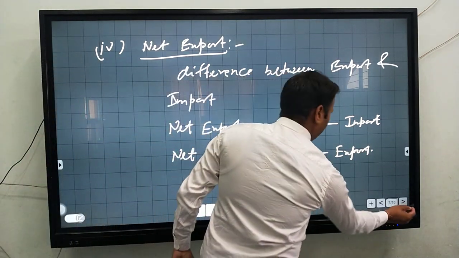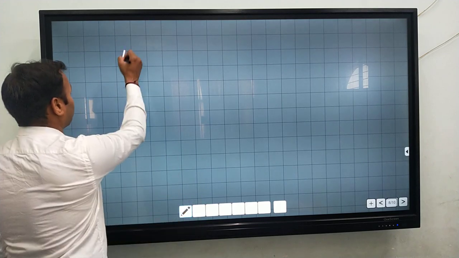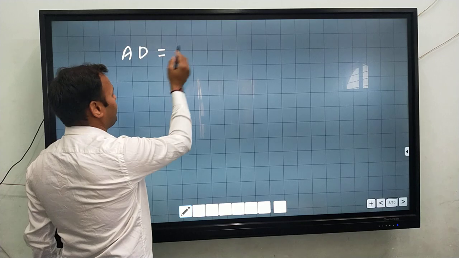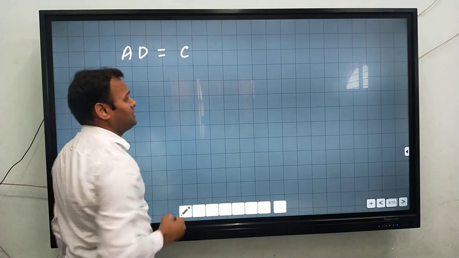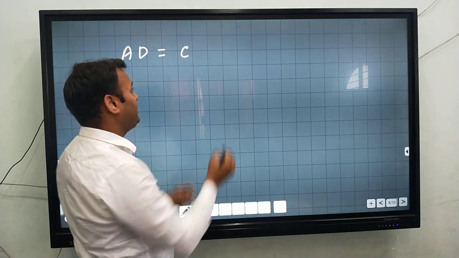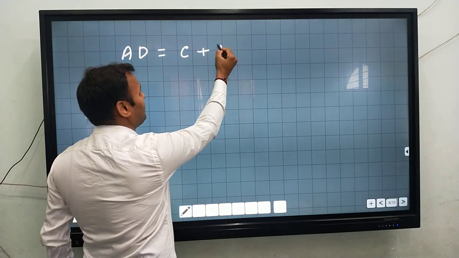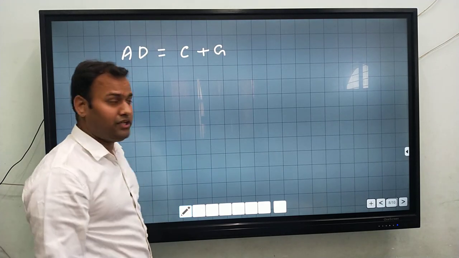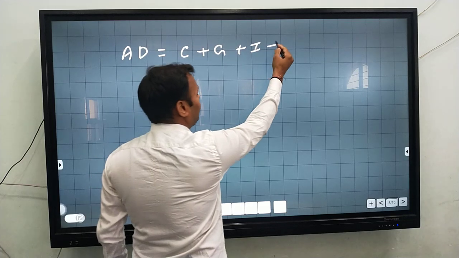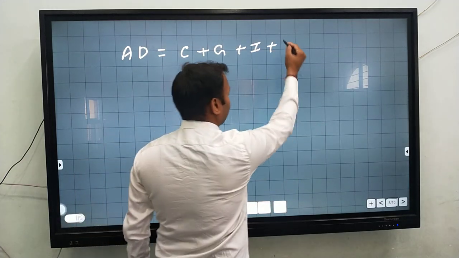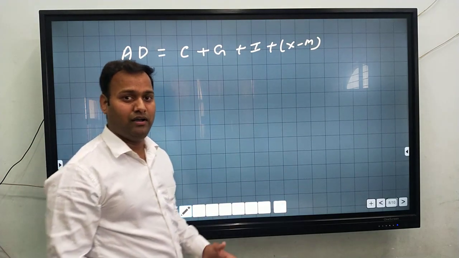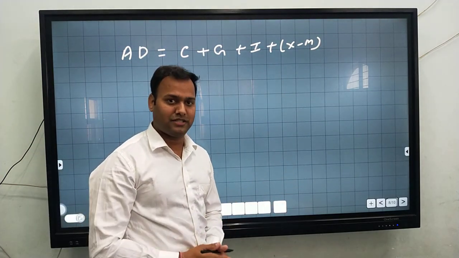Now the conclusion of AD is what? The conclusion of AD is aggregate demand is equal to private final consumption expenditure. You can shortly write C plus government final consumption expenditure, that is G. Investment is I, and net export you can write X minus M. This is the formula of the expenditure method to calculate the national income, as you know.